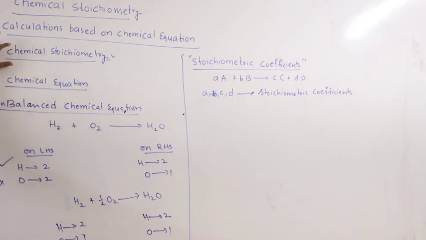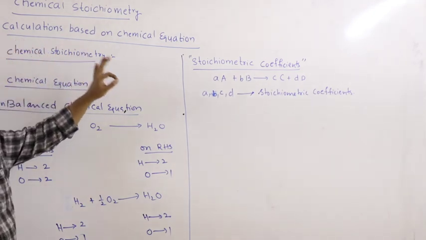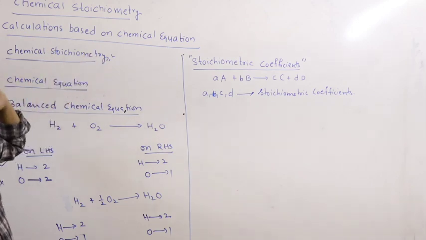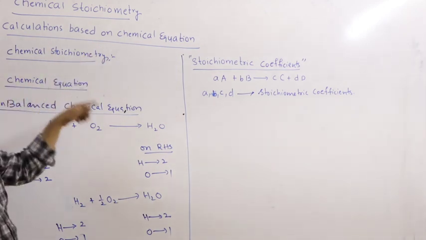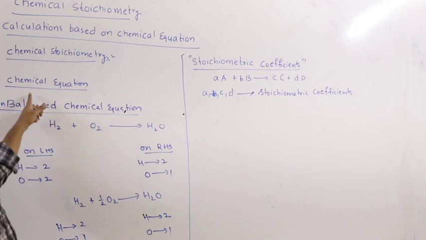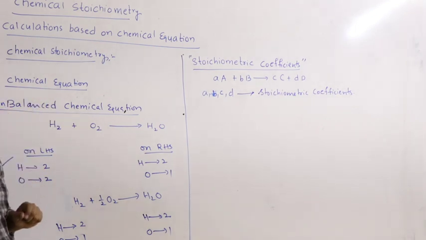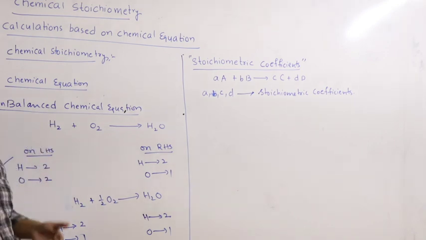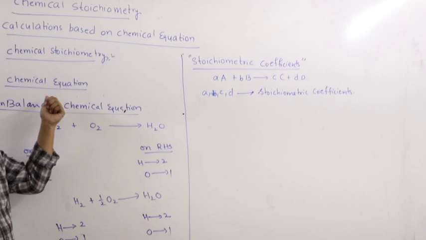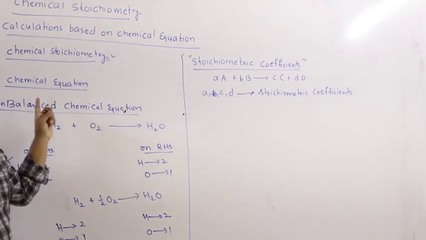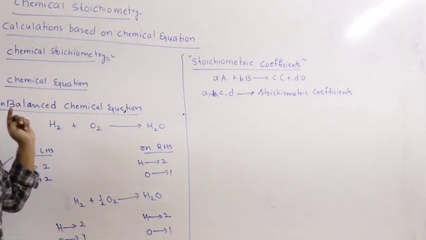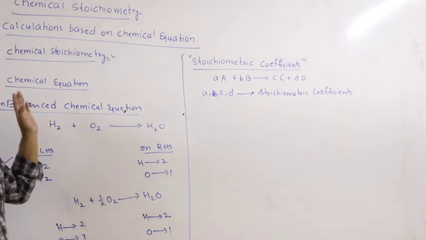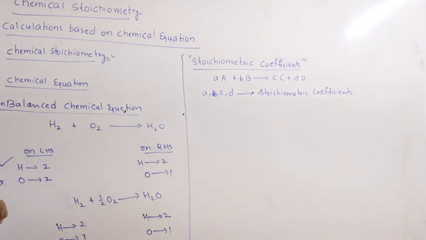So, let us recollect. Chemical stoichiometry describes the quantitative relationship existing between the substances undergoing chemical change, that we will study from this equation. A chemical equation represents the actual chemical change in terms of symbols or formulas of reactants and products.